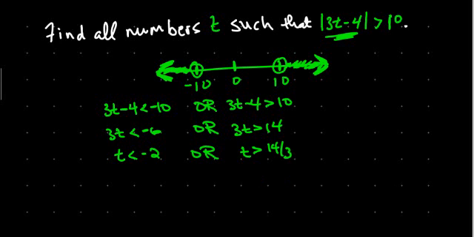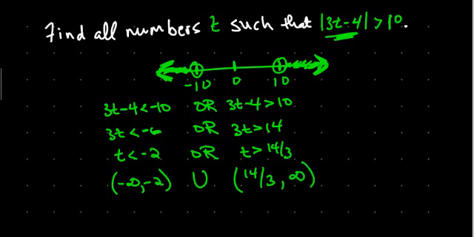Okay, so this gives me that what is this set here? T is less than -2, so that's going to be negative infinity to -2, or that's going to be a union. T is bigger than 14/3, so that's 14 divided by 3, 14/3 to infinity.